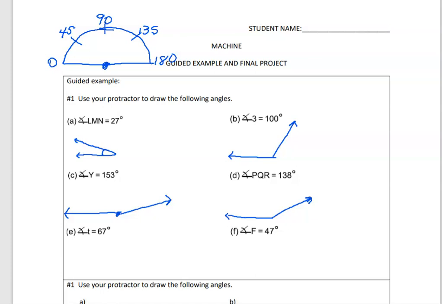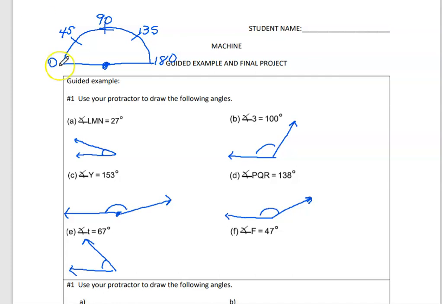67, well, we know 67 is between 45 and 90, so we want to do right in here somewhere. Okay, that would be my 45-degree angle. And 47 is going to be a tiny bit over 45.